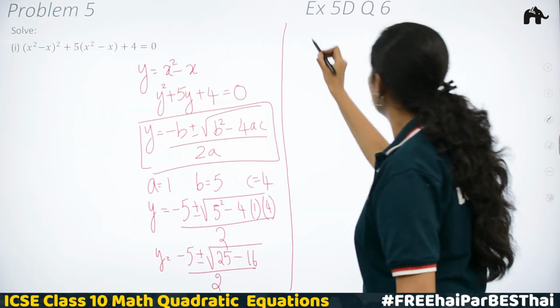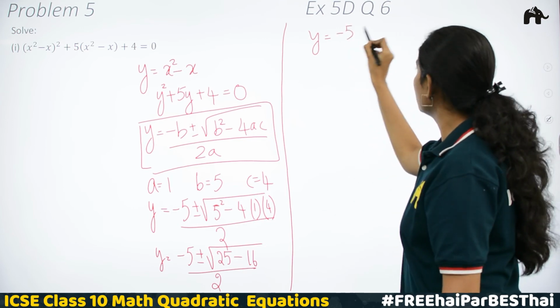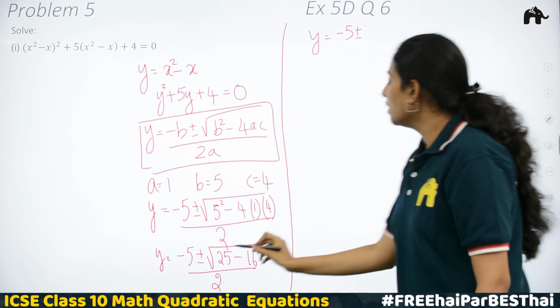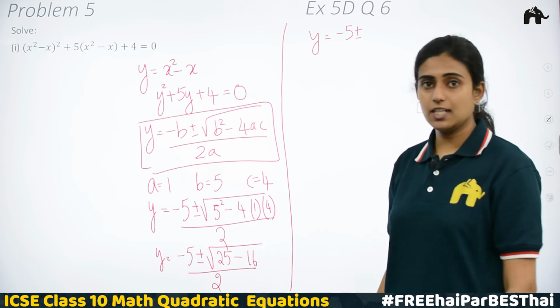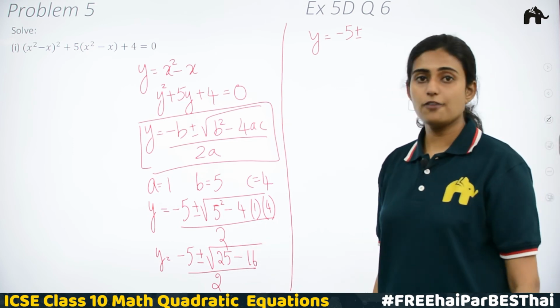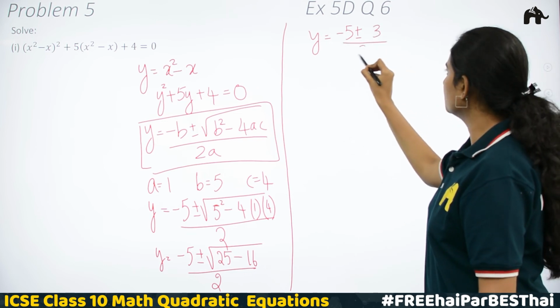Okay. Y is equal to minus 5 plus or minus root of 25 minus 16. 25 minus 16 is 9. Root of 9 is 3. Divided by 2.